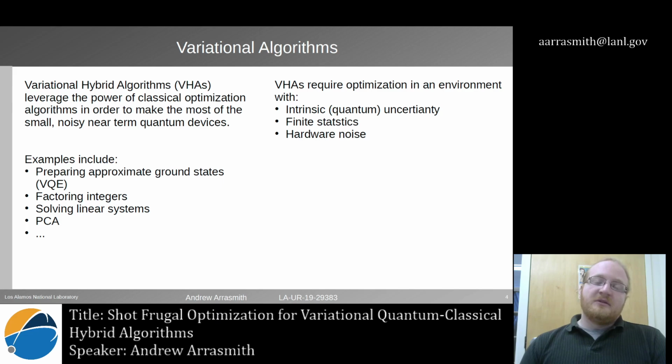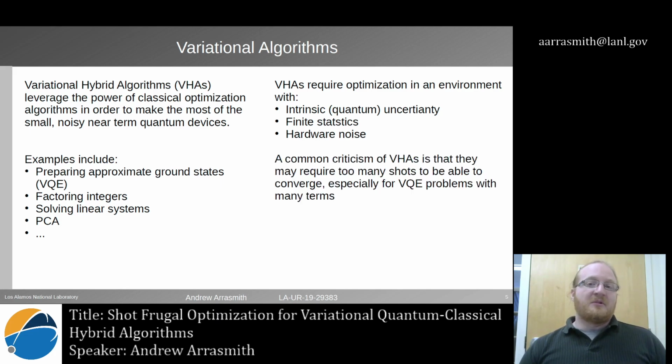So all of these types of algorithms require optimization in an environment with some intrinsic uncertainty due to the fact that you're making measurements of a quantum state. And since those measurements take time, you're always going to be dealing with finite statistics and thinking about the precision with which you're measuring, as well as contending with hardware noise.